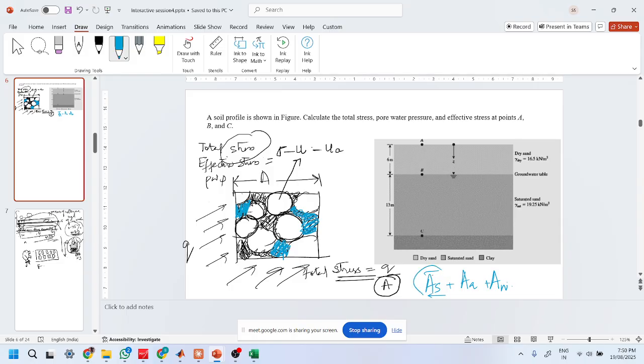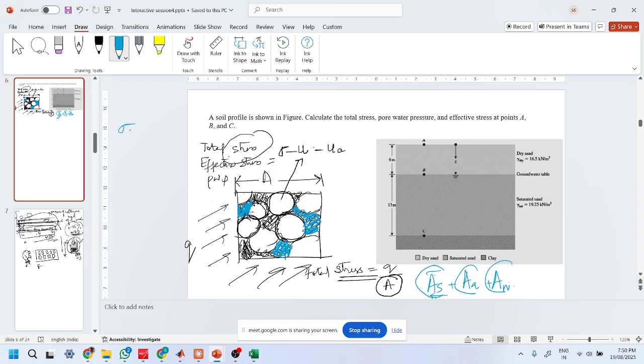Some of the load is being taken by this, some by this, some by this. So the component of load taken by the solids will be total minus the stress taken by water, which will be u, dependent on the head or height of the water table or hydrostatic pressure, because you know that water exerts pressure in all directions equally.